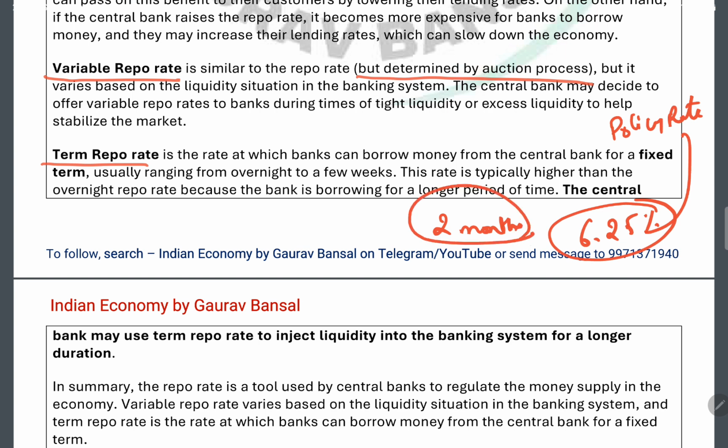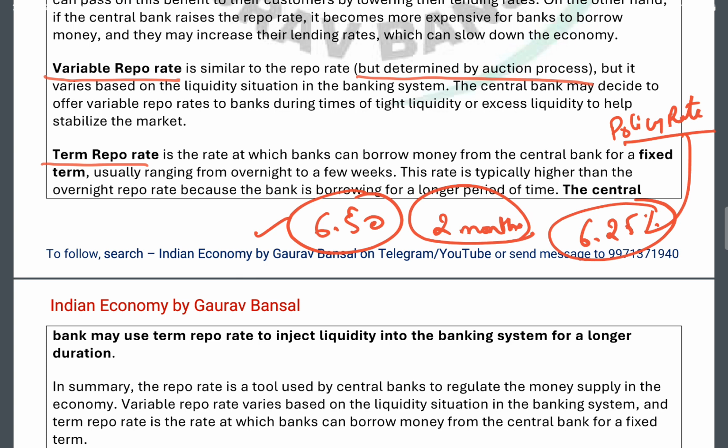In the case of a 2-month loan, let us say the bank offers to pay 6.5% interest instead of 6.25, which is the policy repo. So, in this case, RBI can charge higher interest from the bank and give the money for a longer duration as well. Since it is not the standard repo rate which was decided in the policy, it will be called term repo rate.